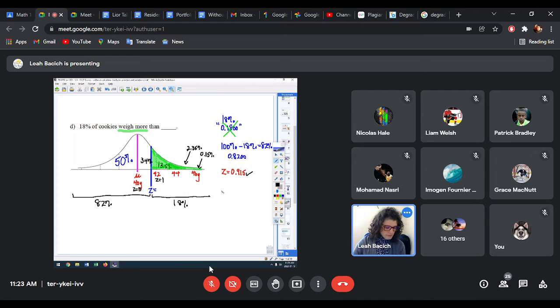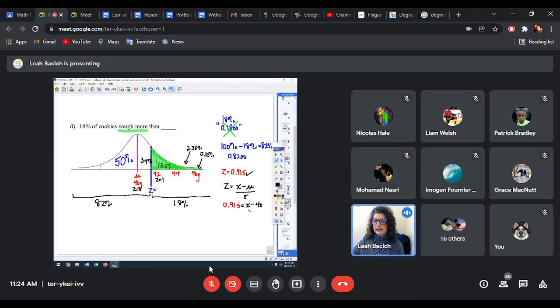Okay, so now I have Z is equal to the data value I'm trying to find minus the population mean divided by the standard deviation. So this is just solving a little equation now. I don't know the X value.